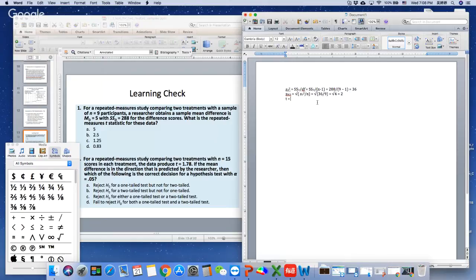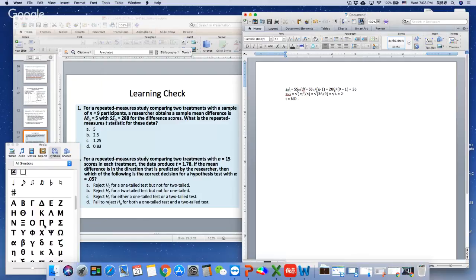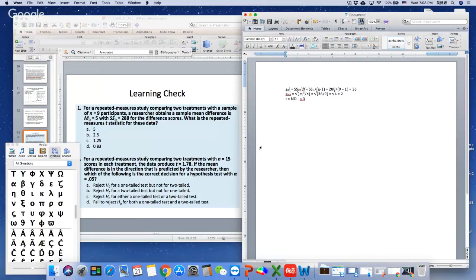T equals MD minus mu D, divided by the SMD.